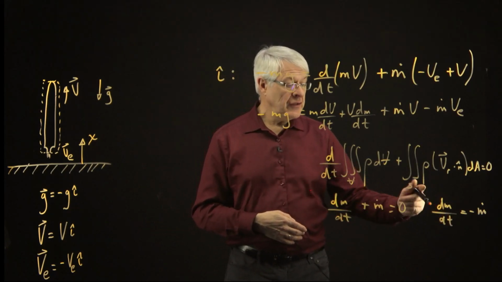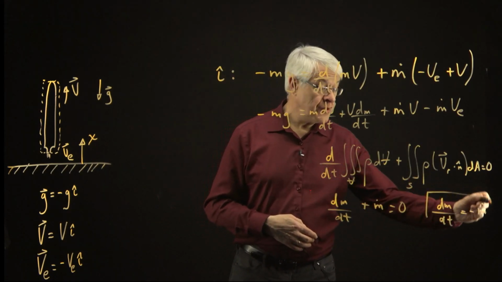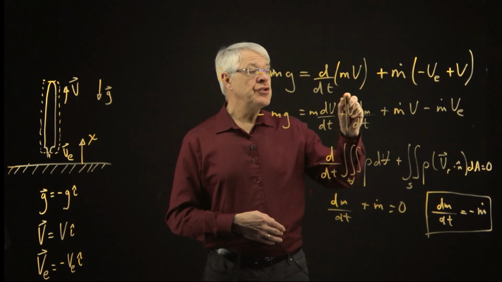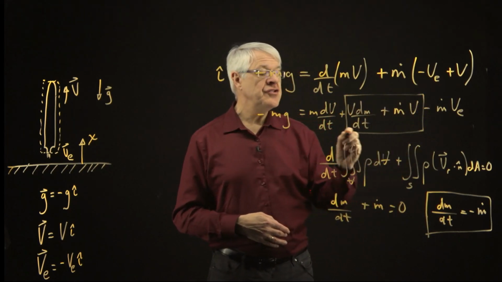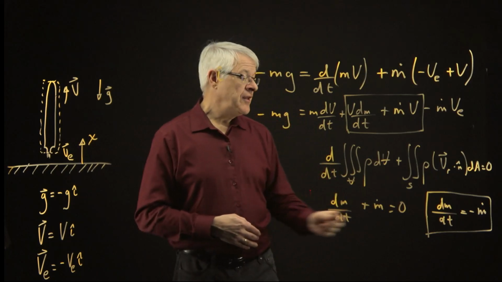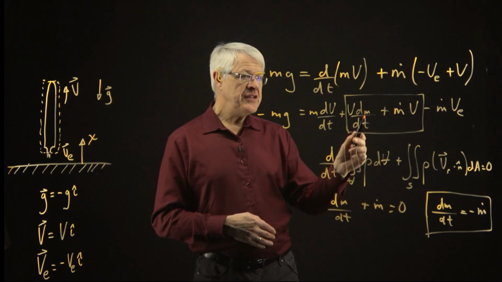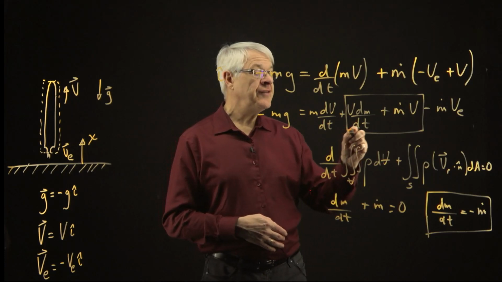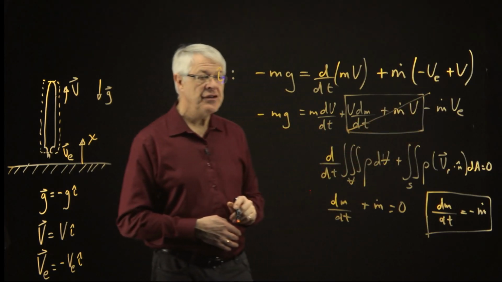Now, take a look at this equation, which is conservation of mass, and take a look at these two terms in our conservation of linear momentum equation. So if we take this dm/dt and replace it with minus m dot, realize these two terms cancel each other.